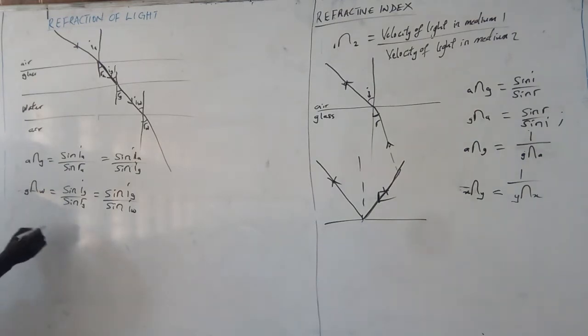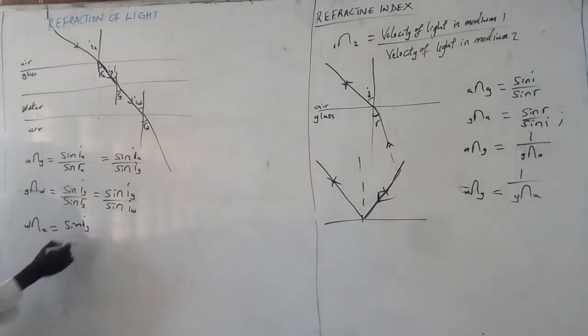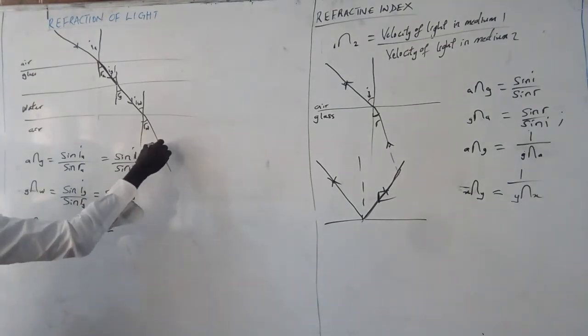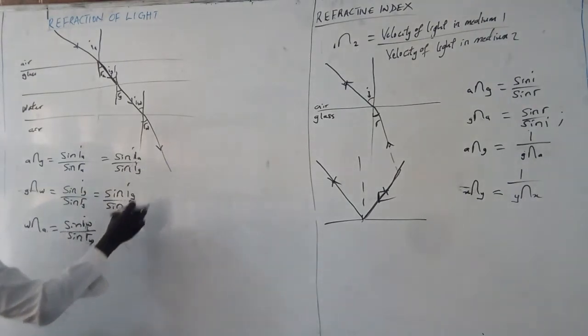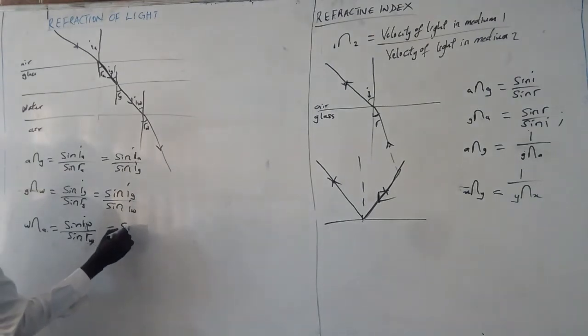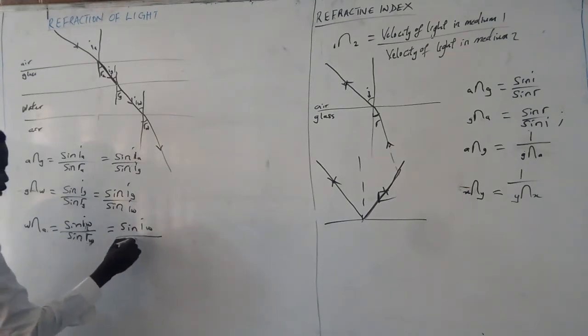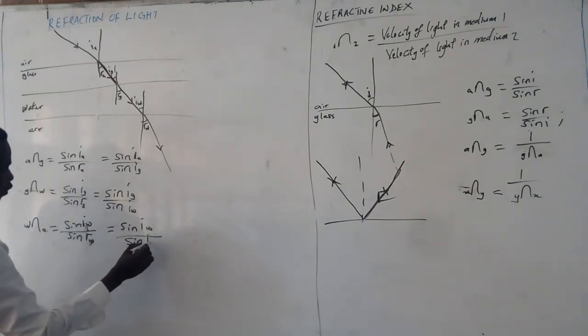From water to air, this is sine of the angle of incidence of water, then the angle of refraction of water. So if I continue this air boundary, this will be the same thing as sine angle of incidence of water all over sine angle of incidence of air.